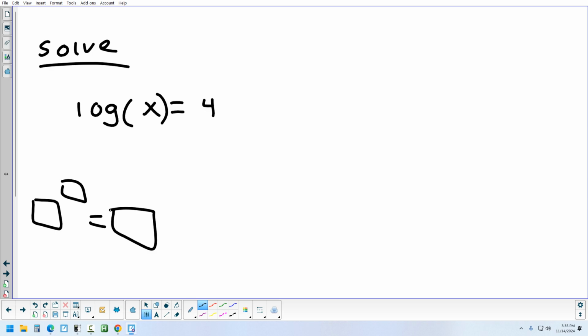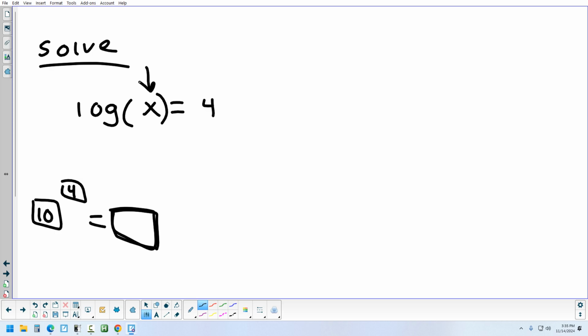What's the base in this problem? Yep. 10. So you would have to know the base is 10 because it's not written. What about my exponent? Yeah, that'd be 4, because logarithm always equals the exponent. And what do we call this right here? The x, yep. The x in the logarithm is the argument.